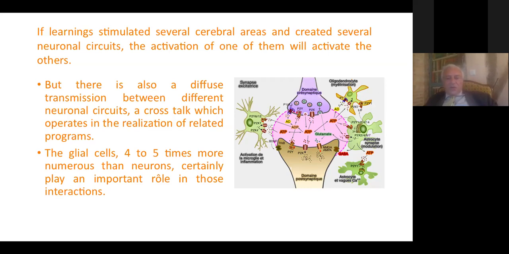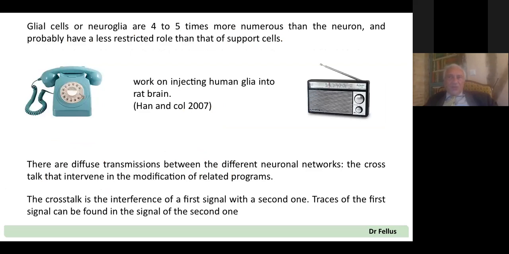We know that in the beginning the functions are in the synapse, and we can compare the action of a synapse to a phone call between 2 persons. So the first neuron calls by telephone the second neuron at the level of a synapse and says, oh, you will do that. But the glial cells are around the synapse.